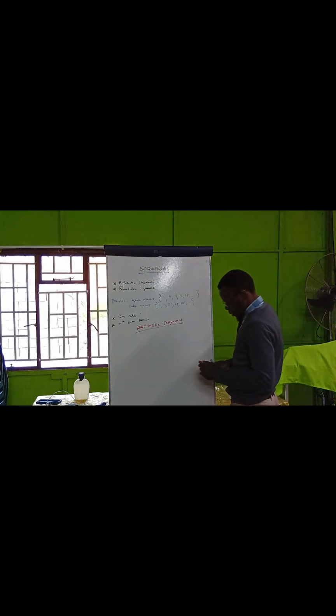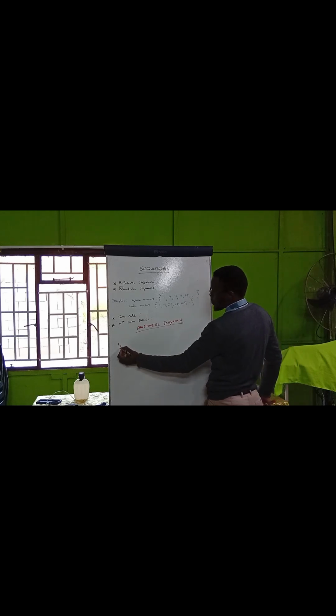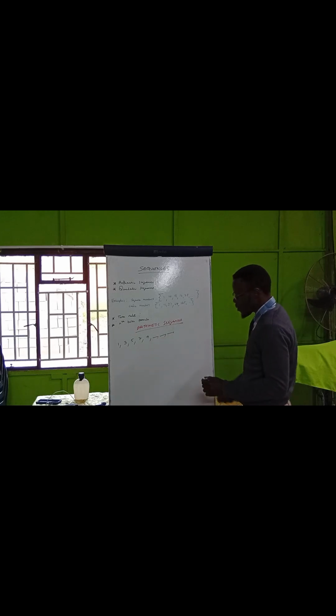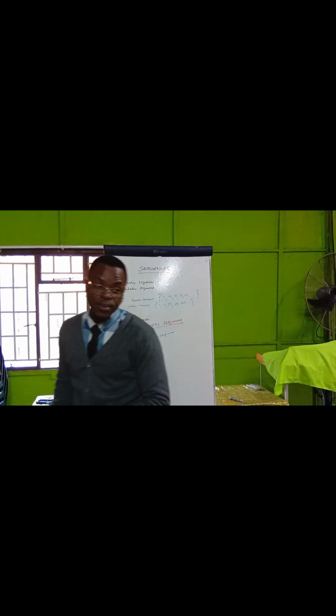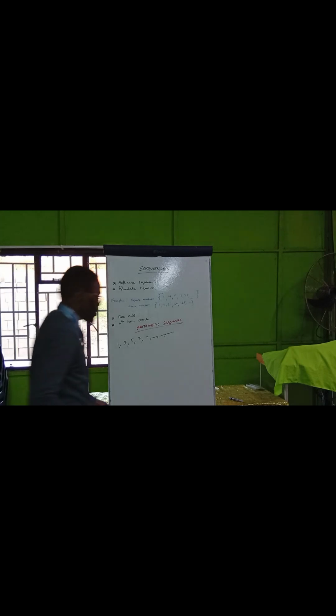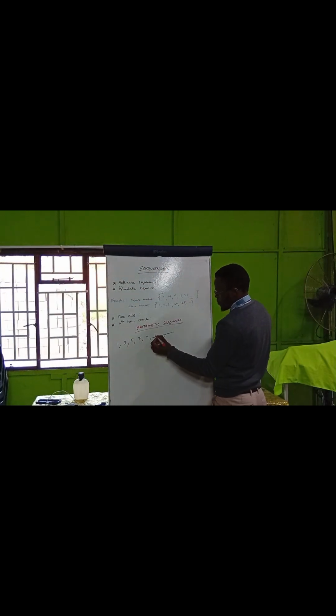Now, let's say we're given this particular sequence. The first term is 1, the second term is 3, we have 5, 7, 9. And then normally they'll ask you, what are the next 3 terms in this particular sequence? So 1, 3, 5, 7, 9. The next 3 terms are 11, 13, and 15.